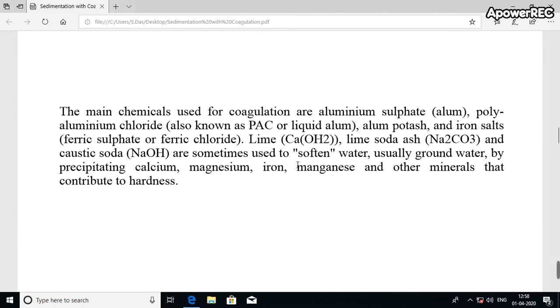Obviously, you can easily understand from the names that they are actually alum, that is, aluminum sulfate, polyaluminum chloride, which is also known as PAC, liquid alum, and potash alum. Everything will actually soften the water. That means they will take out all the particles which cannot be held under gravity with the help of coagulation.